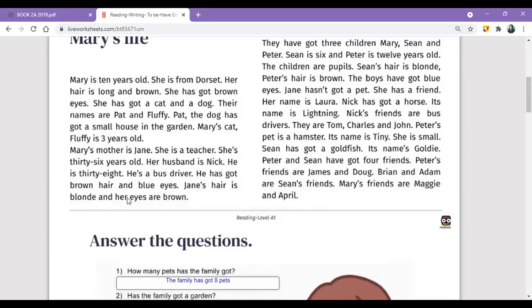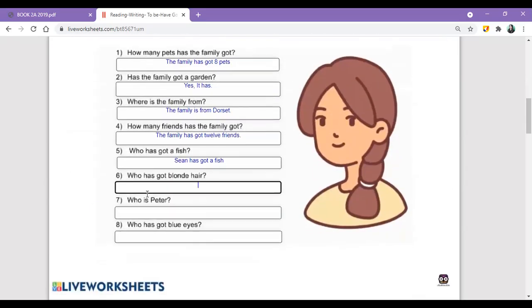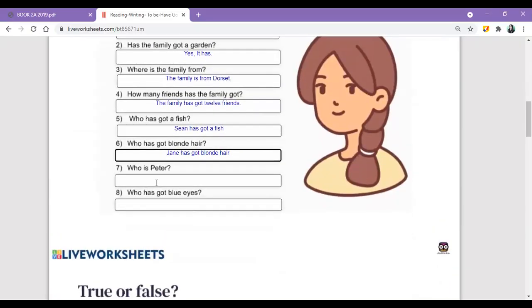Okay, so Jane has got blonde hair, okay? And who is Peter?